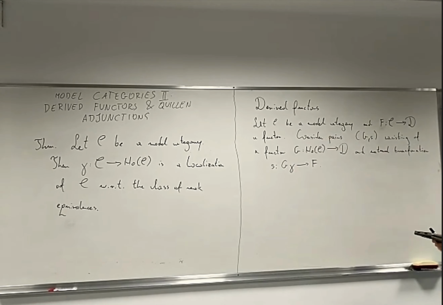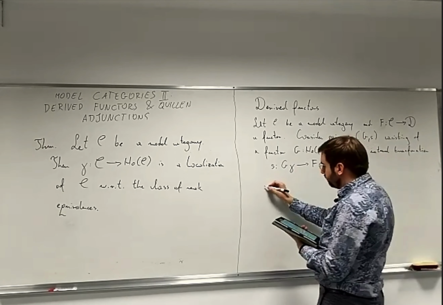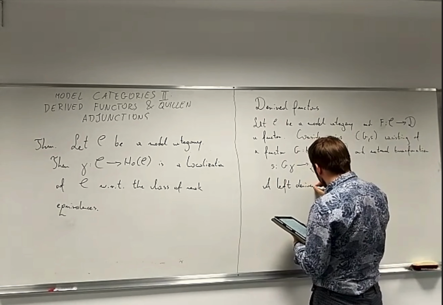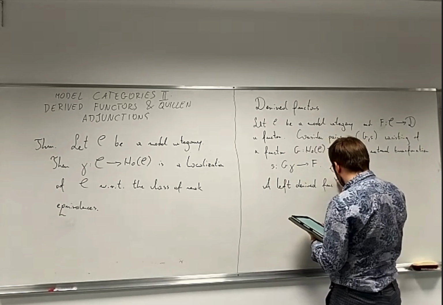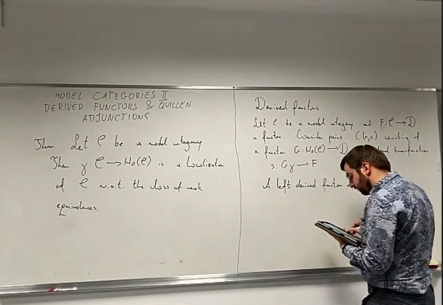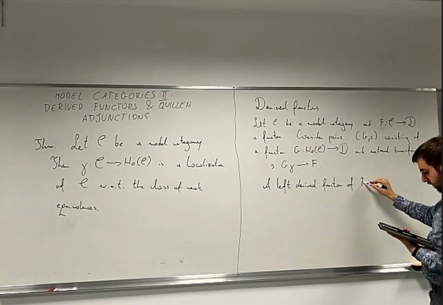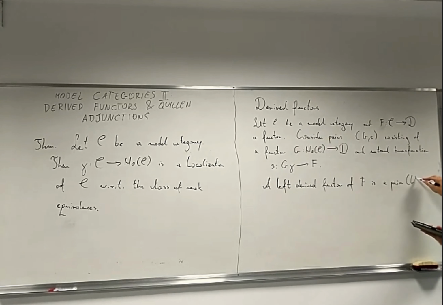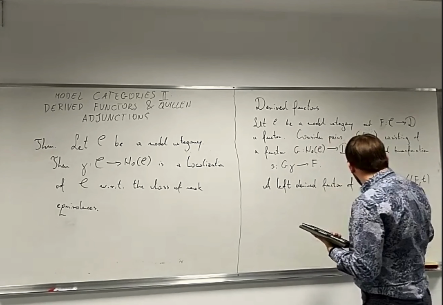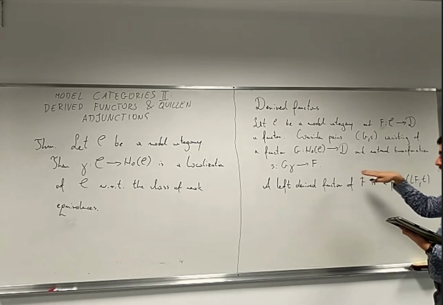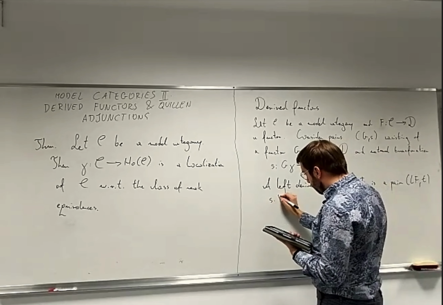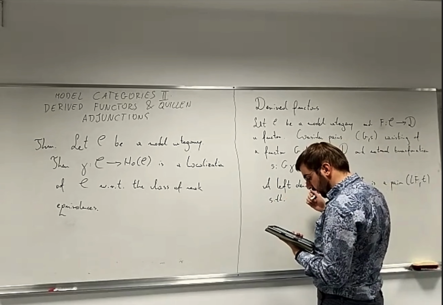So a left derived functor of F, if it exists, is a pair LF, T. So a pair, of course, of this type, such that it will have a universal property.